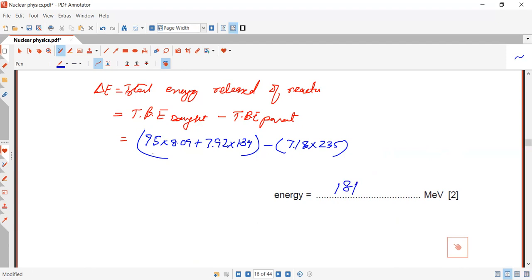If the answer is negative, then you can try this: instead of total binding energy of the daughter minus parent, you can do total binding energy of the parent minus total binding energy of the daughter. Then you're going to get this number as positive, right, students?